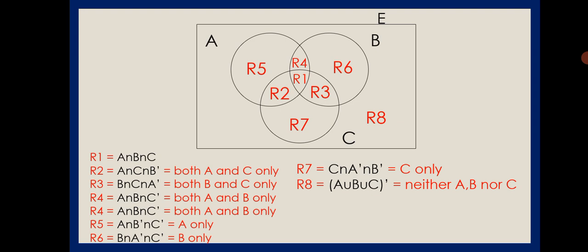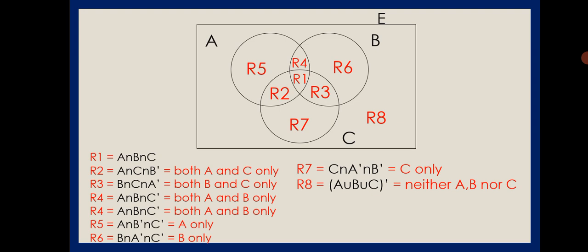In region 3, we said B intersection C intersection A complement is equal to both B and C only, meaning members and elements belonging to both B and C only.